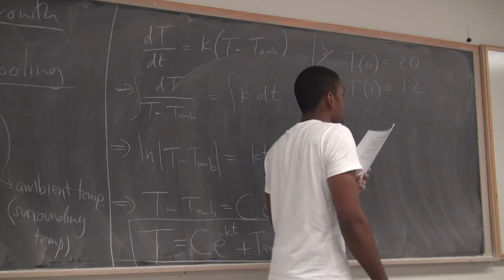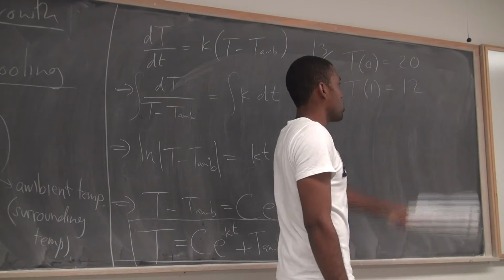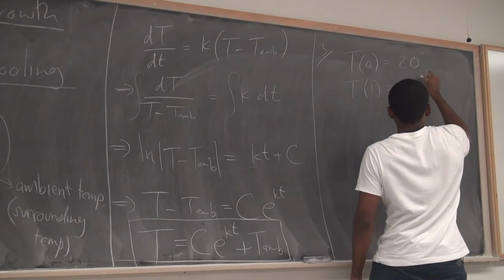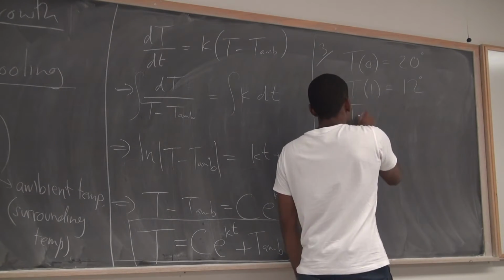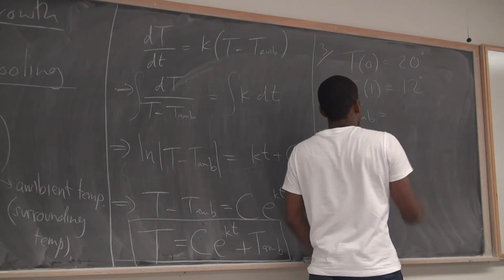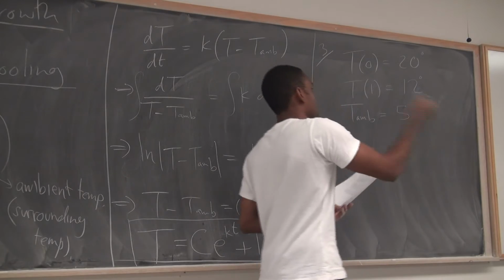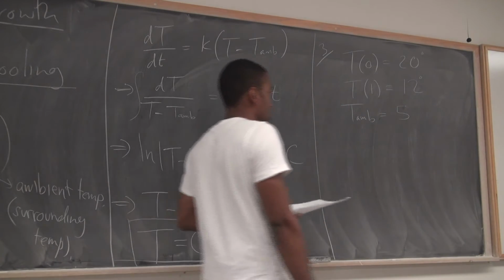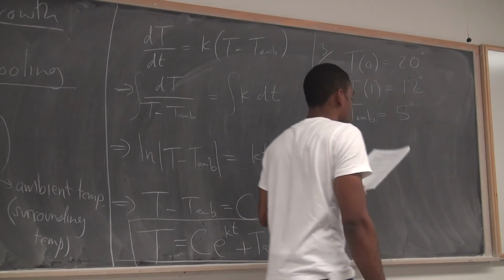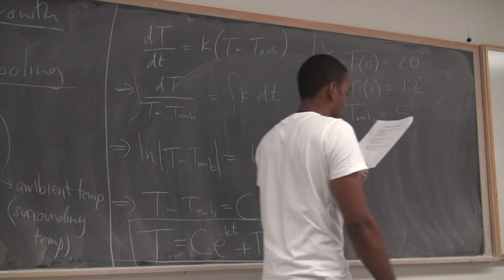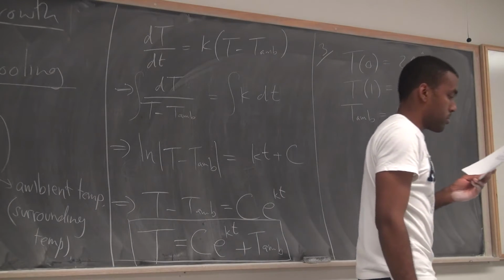So after 1 minute, it cools from 20 degrees Celsius to 12 degrees Celsius. We know the surrounding temperature is 5, because we took this outside where it's 5 degrees Celsius. And I want to figure out what it's going to be after 1 more minute.